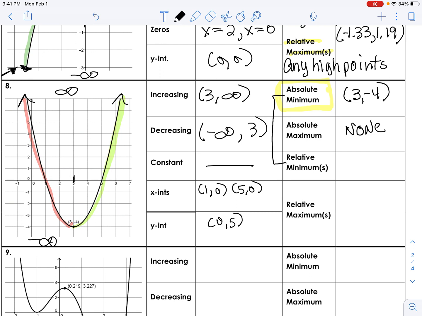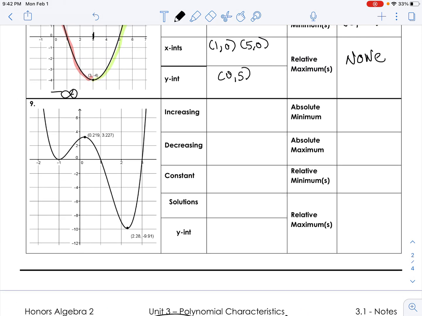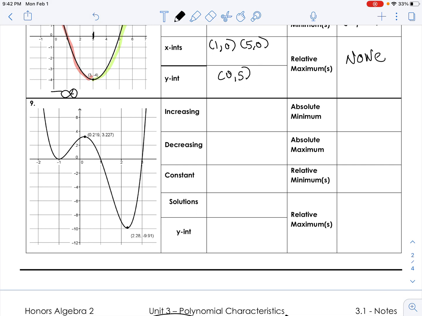Relative minimum. Okay? The relative minimum is the same as the absolute minimum in this particular graph. Relative maximum, there is none. So you can go ahead and compare how you did with my answers.